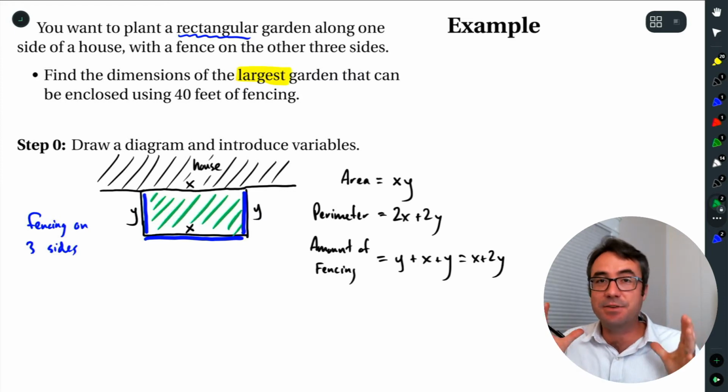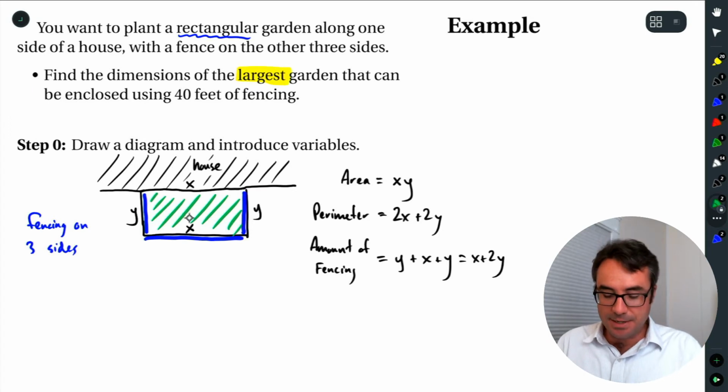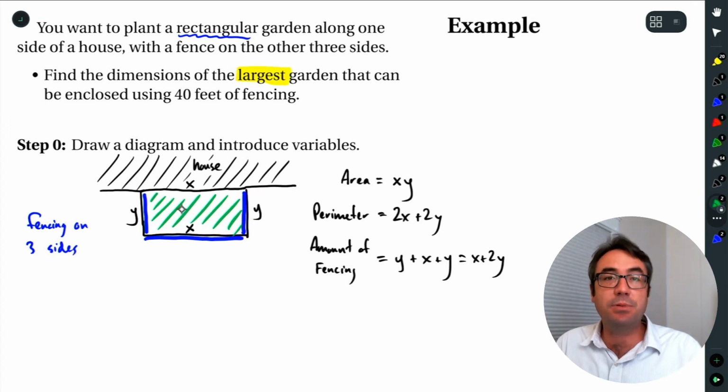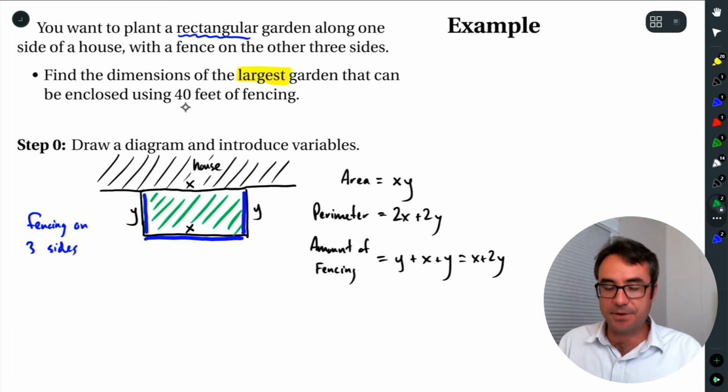I want to have as much space as possible to put in as many plants as possible, while keeping my fencing to this specific amount. So if I'm measuring the size of my garden, I'm really interested in maximizing the area. We'll bring that up again in a second.